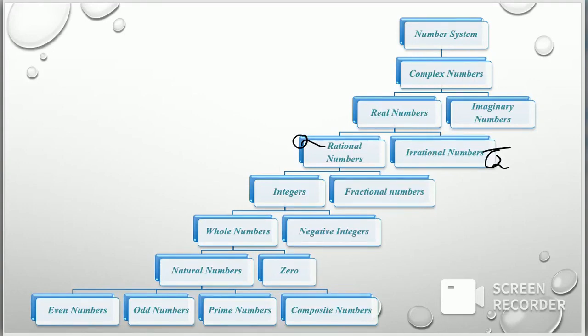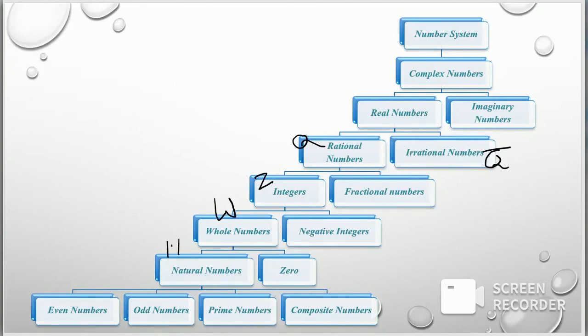Rational numbers are again classified into integers and fractional numbers. Integers are indicated with the capital letter Z, and integers are again classified into two, that is whole numbers and negative numbers. Whole numbers are indicated by capital W.